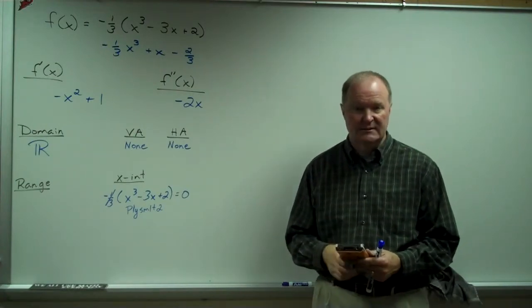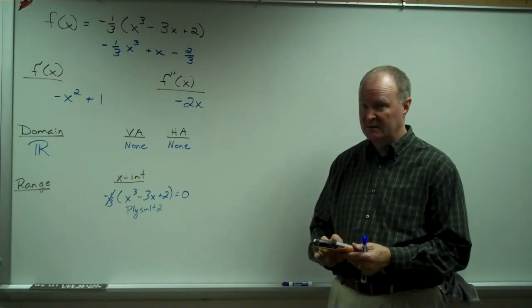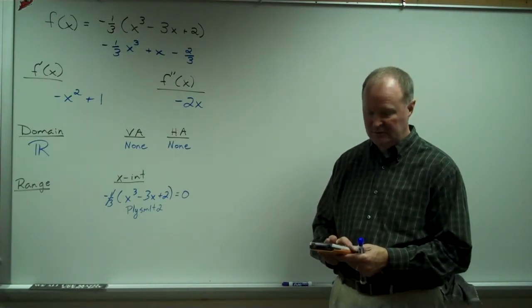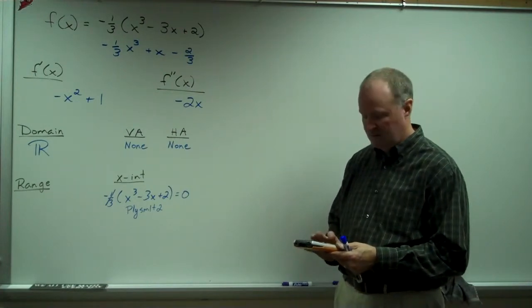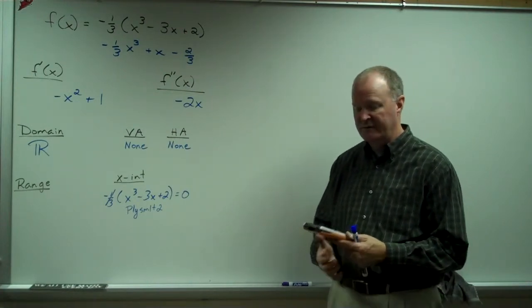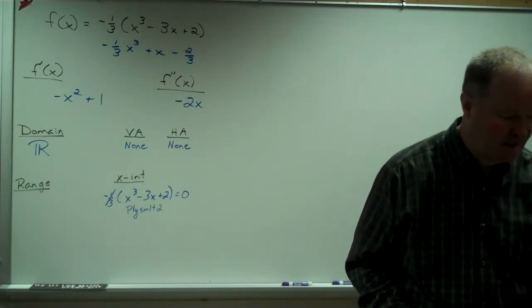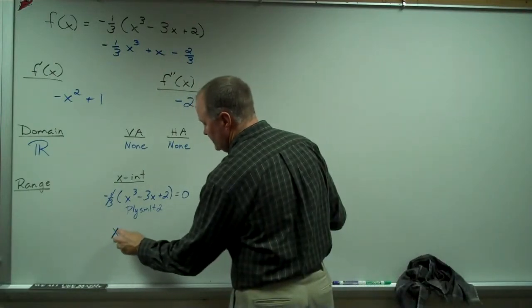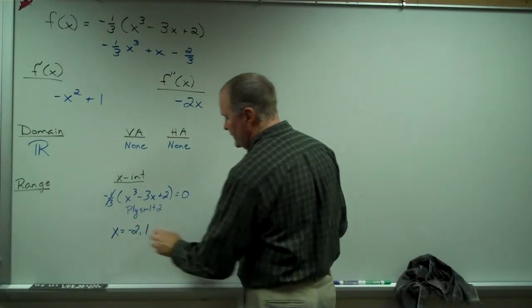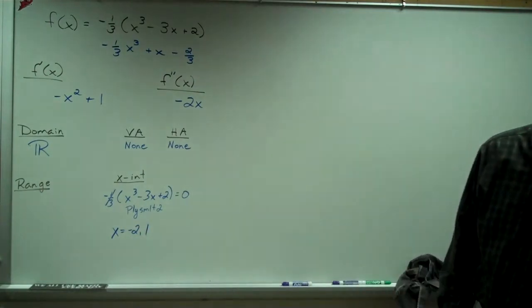Then hit next. Plug in your coefficients. There's 1 x cubed. How many x squared? 0. How many x's? -3 and a constant of 2. Hit solve. And I've got how many? Just 2 of them: -2 and +1. They worked out kind of nice there, but it's not always the case.